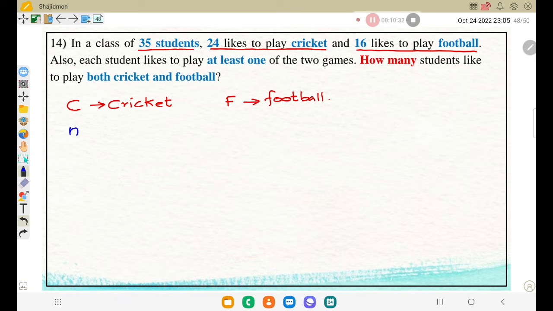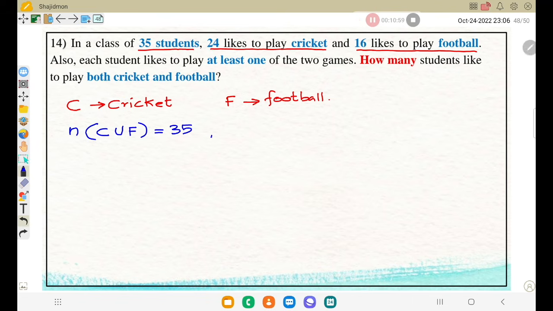So number of cricket or football is equal to 35, because in a class, all the students are playing either football or cricket. Correct? So total students means football players and cricket players together, totally equal to 35. That is why number of cricket union football equal to 35.